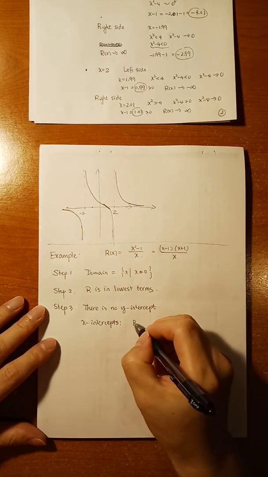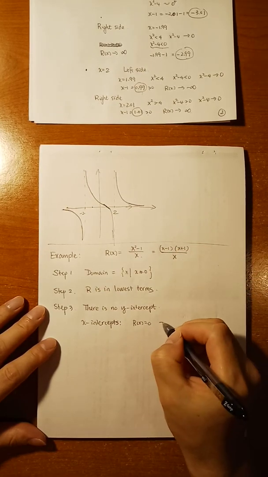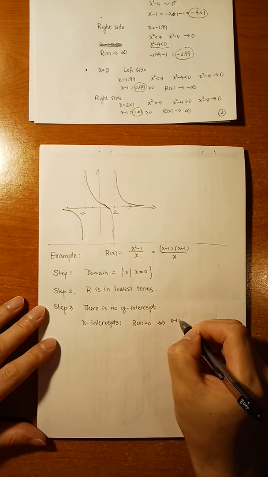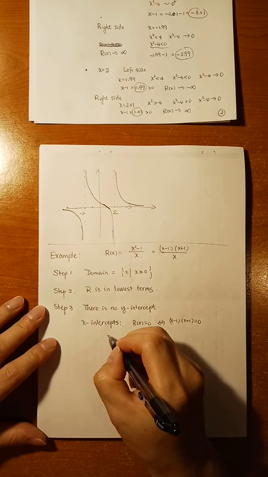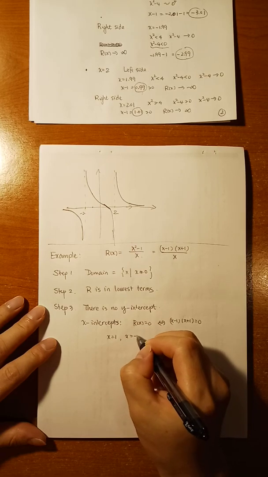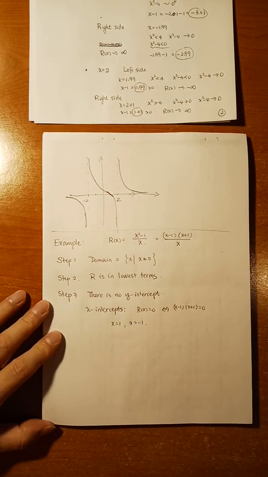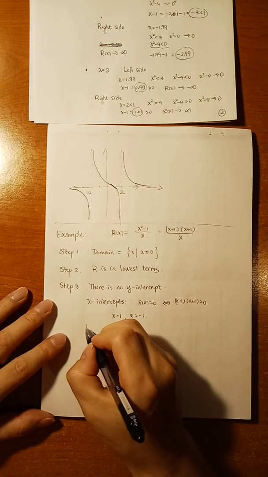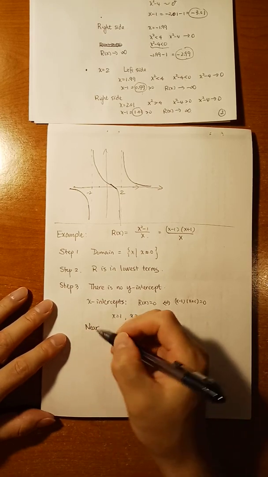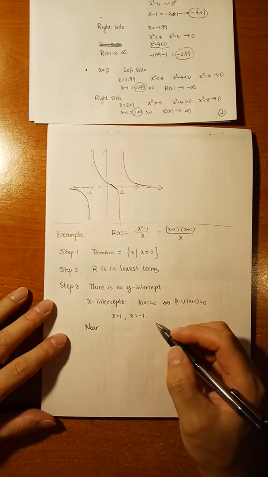you let r of x equal 0, which implies (x minus 1)(x plus 1) is 0. The numerator is equal to 0, so you get x equal to 1, x equal to negative 1. There are two x-intercepts. And then you will have to study the behavior near 1 and near negative 1.